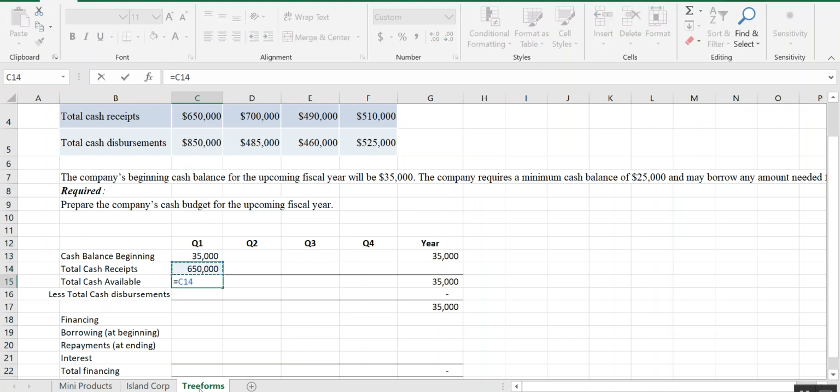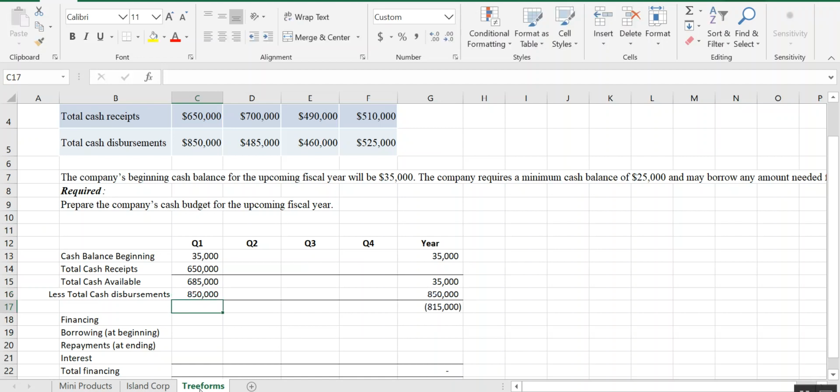We're going to add that with the cash at the beginning, and then we're going to subtract out cash disbursements of $850,000. However, here we have a problem, because the cash flow in is less than the cash flow out. This is a deficit.